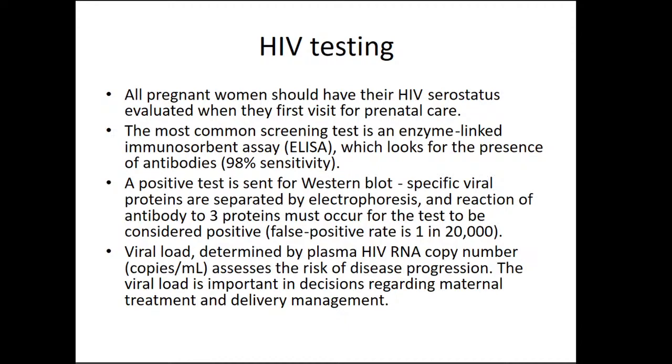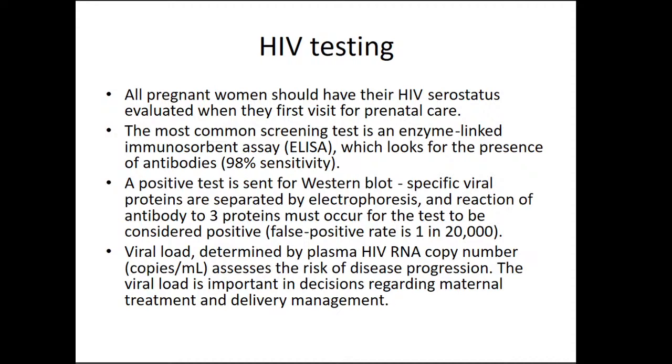The most common screening test for HIV is ELISA, which detects the presence of antibodies and has a very high sensitivity rate. A positive test should be confirmed by Western blot, where specific viral proteins are separated by electrophoresis. False positives are quite rare.